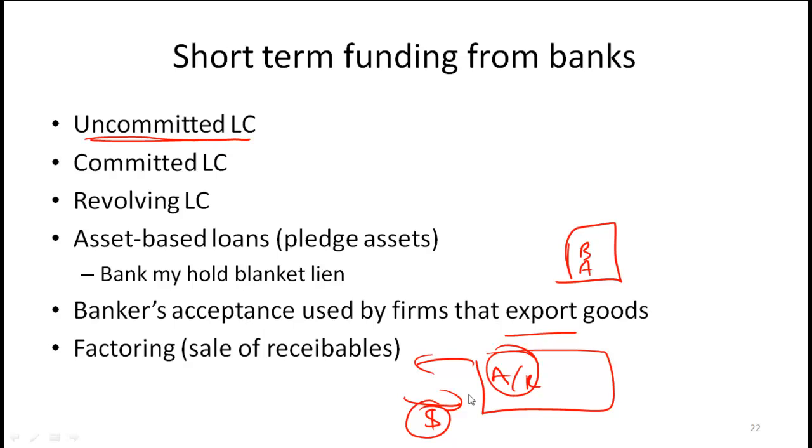So you might recall that in the CFO segment of the cash flow reading, we talked about this. Here all you need to know is that factoring, which is the sale of receivables, is also a way of raising funds.